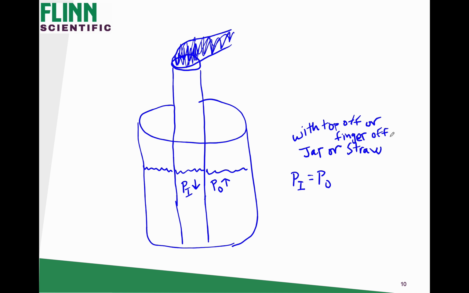So once you take the top off the jar or you take your finger off the straw, the pressure inside the straw or the jar is going to equal the pressure outside, and therefore the liquid can flow.